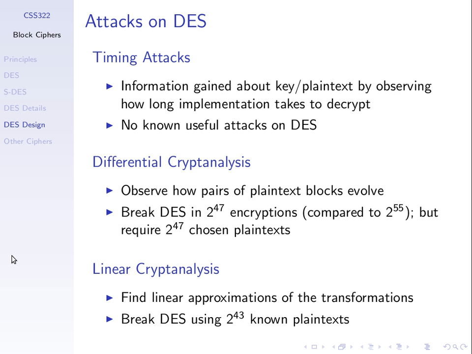What about attacks, known attacks on DES? There are some known theoretical attacks, what's called timing attacks. The concept is that when you encrypt something, the hardware takes some time to do every operation. The CPU takes some time to do the permutation, to do the XOR, and so on.